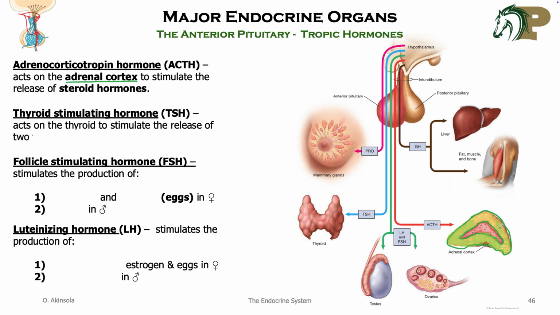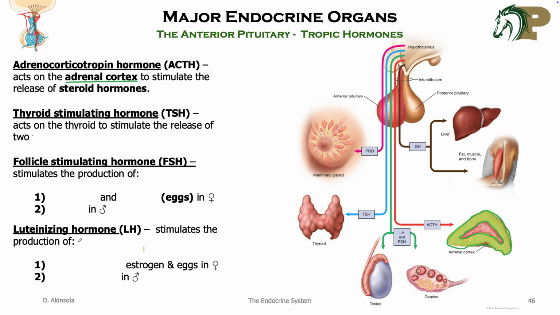That pink inner part is the adrenal medulla. So ACTH is only going to act on this outer part of the adrenal gland, it will not act on that inner part of the adrenal gland. And again, that will stimulate the release of steroid hormones, and we will talk more about those hormones a little bit later on.